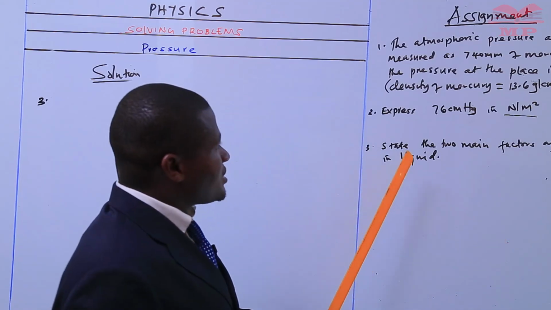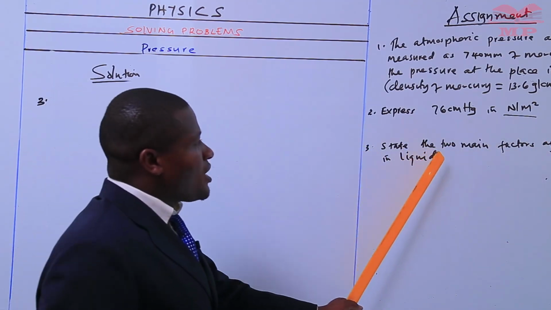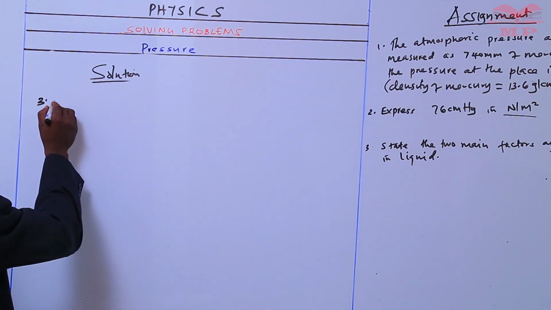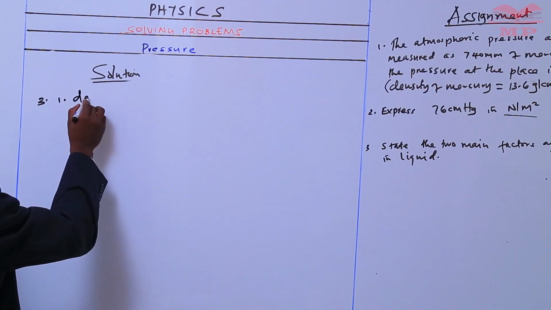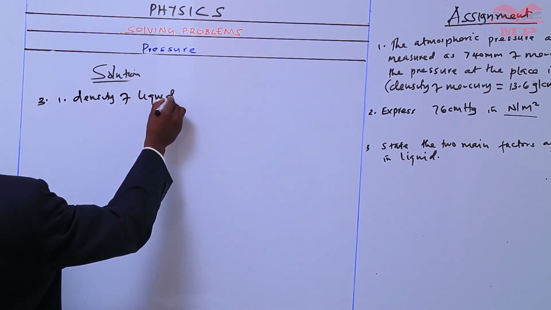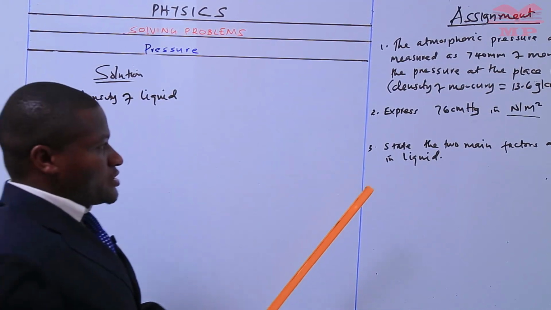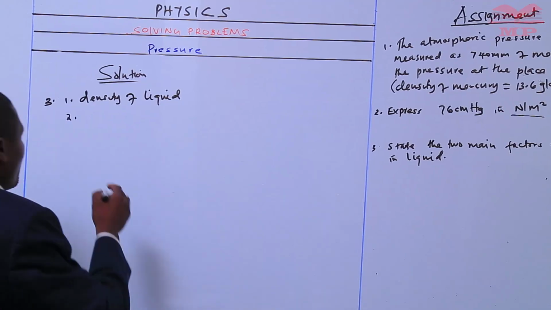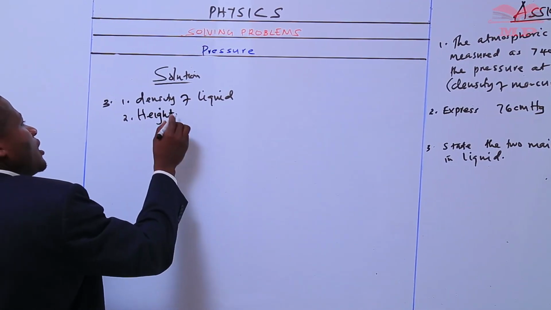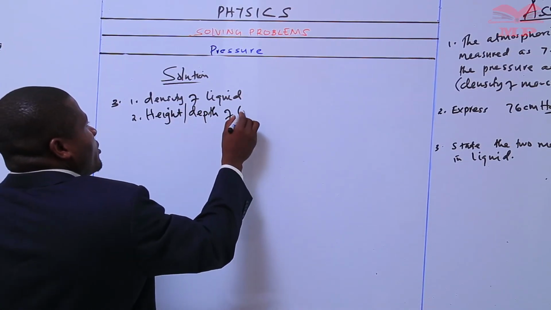So the two main factors here: one, the density of the liquid. Then two, we have the depth or height of liquid. Other books may term it as depth of liquid.